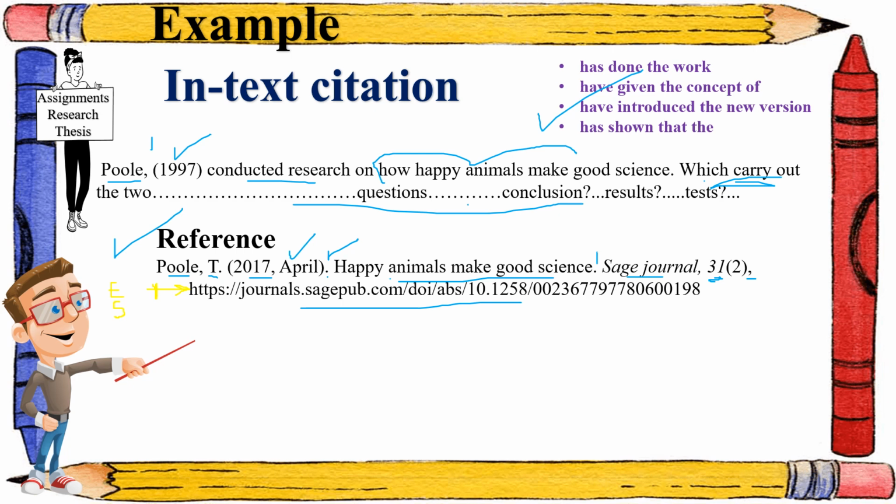So first hit the enter button, then the space button five to seven times, and it will move further. This is the way to write the reference. Everything is important: full stops, commas, capitalization, italics, non-italics, issue number, volume number, journal name, article name. Even the spaces in the reference are very important. So be careful while writing the reference and in-text citation.